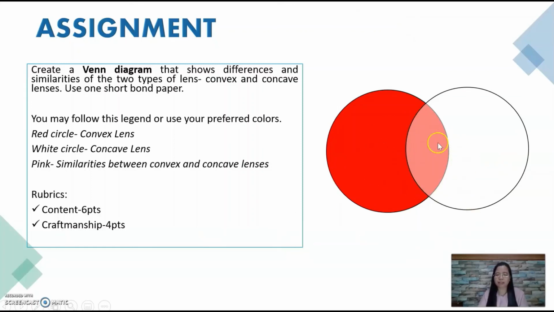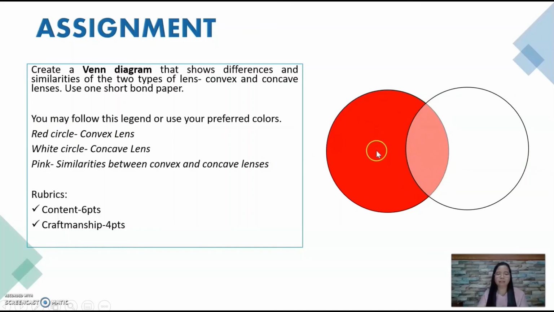Okay, so this is a Venn diagram. You will input statements, phrases, words that will relate the two types of lenses. You may follow this Venn diagram and the colors.